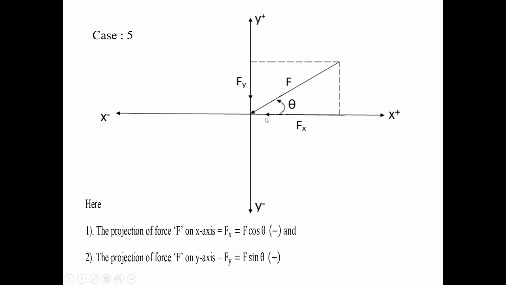Normally, the mistake most students make is that they consider Fx to be on the positive x-axis, and since Fx is lying on the positive x-axis, they take Fx as the positive projection. But check the direction of Fx. Fx is lying on the positive x-axis, but the direction of Fx, as per the direction of force F, is towards the negative x-axis.